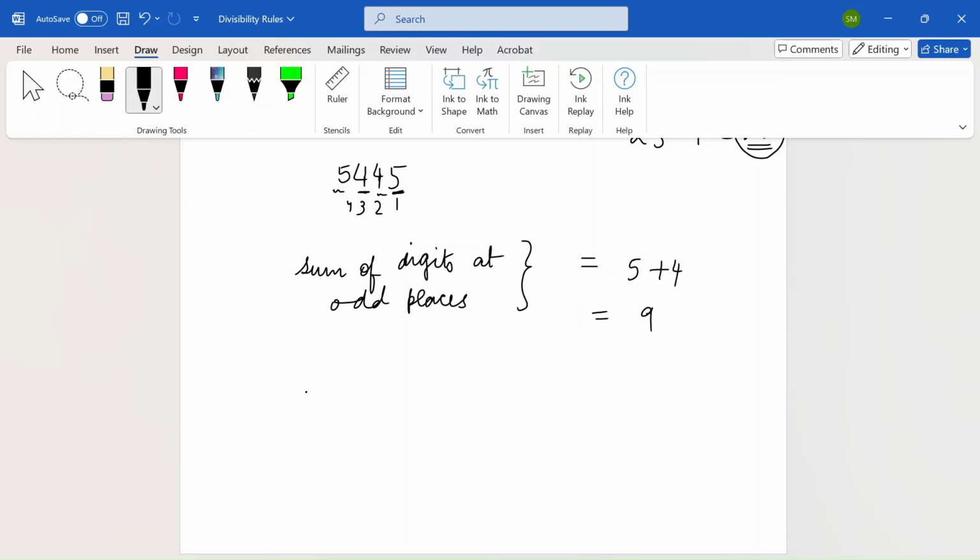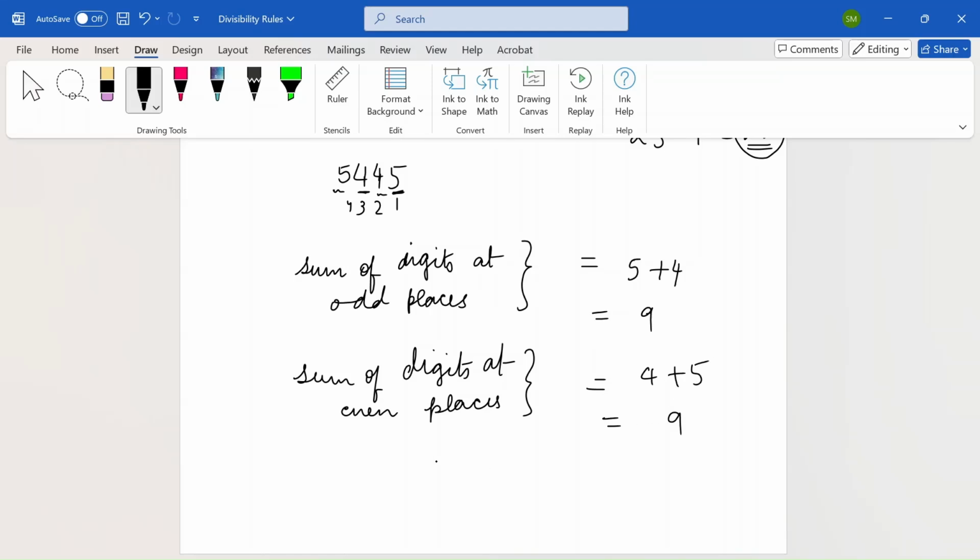And then what do we take? We take the sum of digits at even places, which is 4 plus 5, which is also equal to 9. So then what do we do? We take the difference.